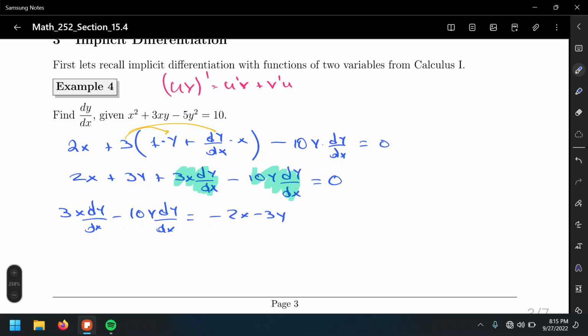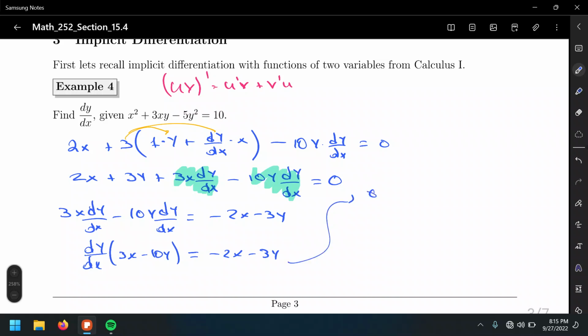The idea of having all the derivative terms on the left-hand side is to make the dy/dx symbol a greatest common factor. And then just divide out that 3x minus 10y.